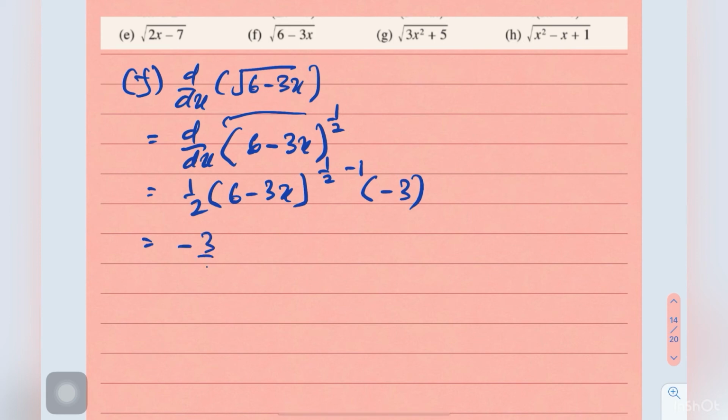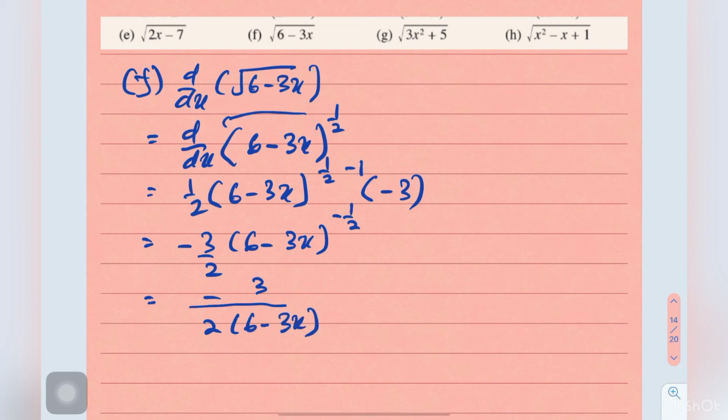So negative 3 over 2, (6 minus 3x) to the power of negative 1 over 2. So now it becomes negative 3 over 2 times (6 minus 3x) to the power of 1 over 2, or more properly, negative 3 over 2 square root of 6 minus 3x.